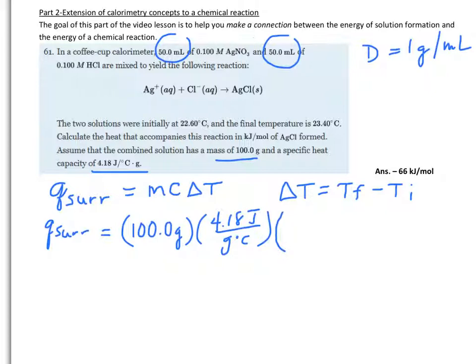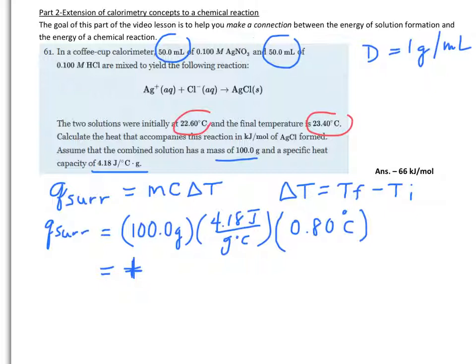We need final minus initial. So we're going to need to do the final temperature, 23.40, minus the initial, 22.60. And that gives us a difference of 0.80 degrees Celsius. And so our energy quantity that our surroundings is experiencing is a positive value, meaning our surroundings is experiencing an increase in heat energy.